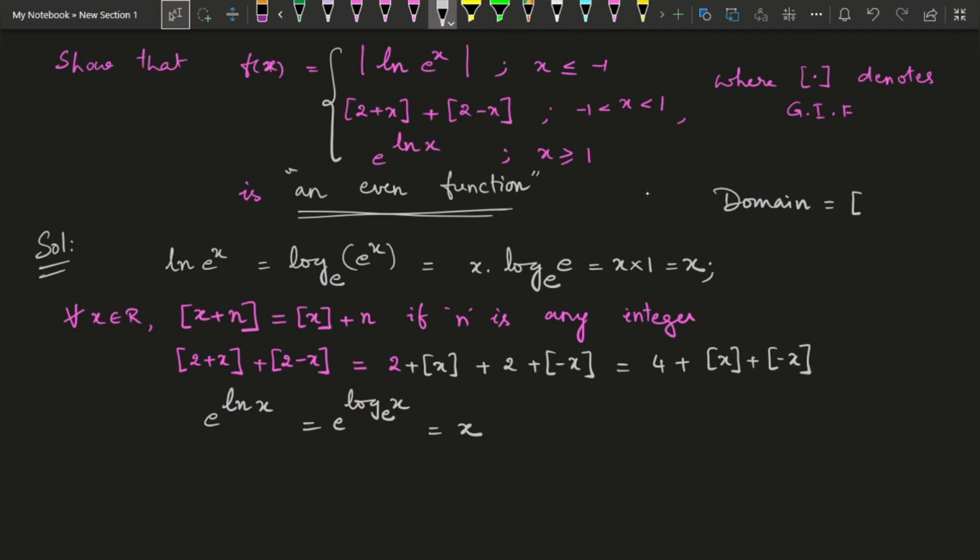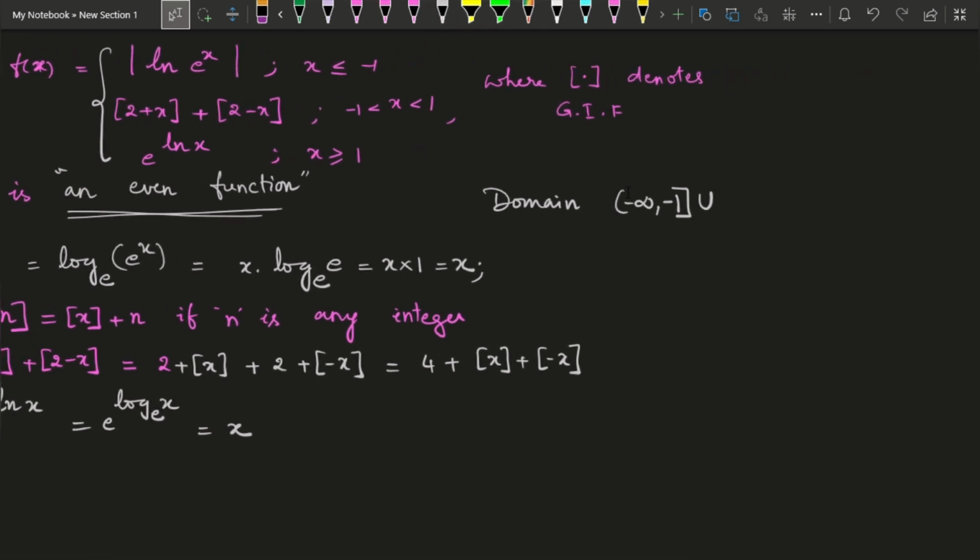Union of the left open, right closed interval minus infinity comma minus 1, union open interval minus 1 comma 1, union, similarly, it is defined as e power ln of x when x greater than or equal to 1, so union left closed, right open interval 1 comma infinity.